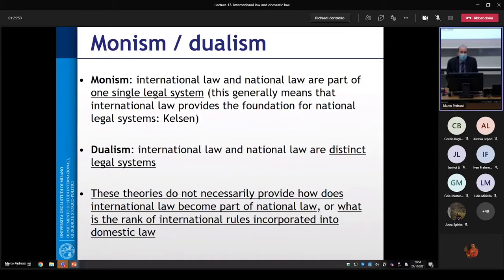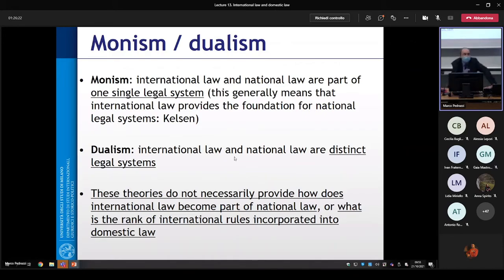In fact, when you have a constitutional provision, as in certain countries, that provides that duly ratified treaties are parts of the domestic legal system, this is already an incorporation that you have in the text of the constitution of the state.